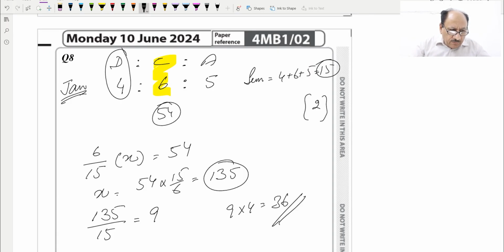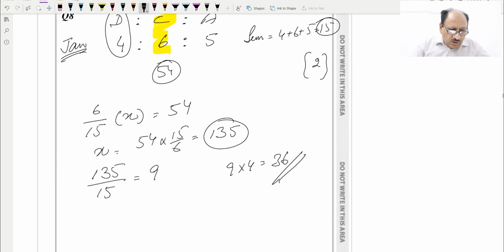Now for B part, they are saying calculate the total amount Mel earns in Jan. Basically if we go to the complete B part, Mel works for the company.